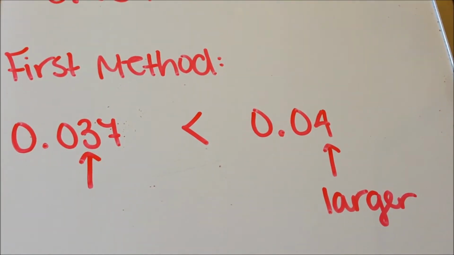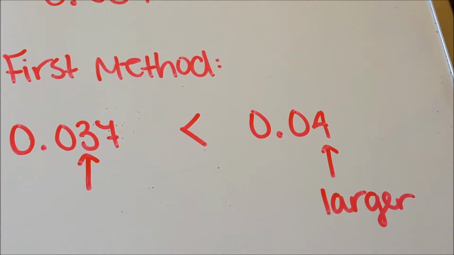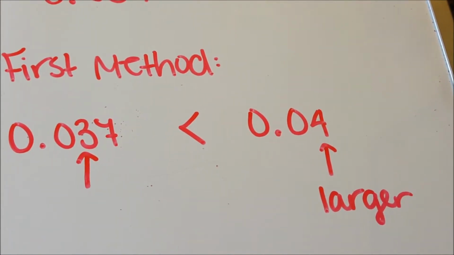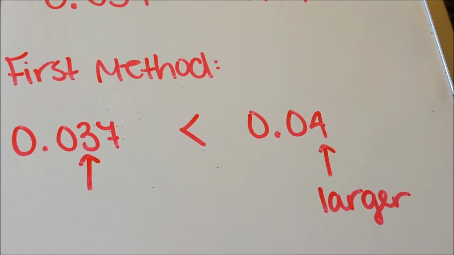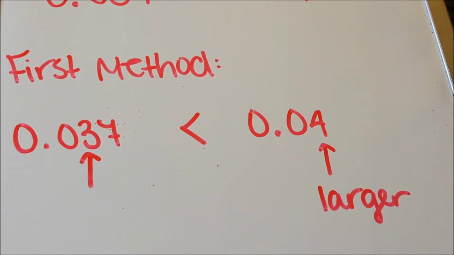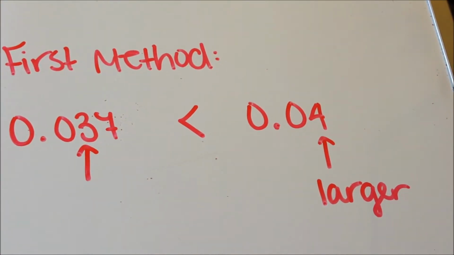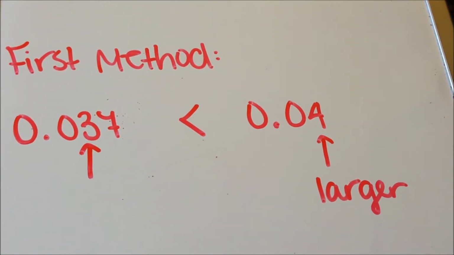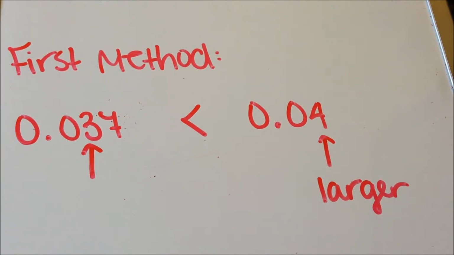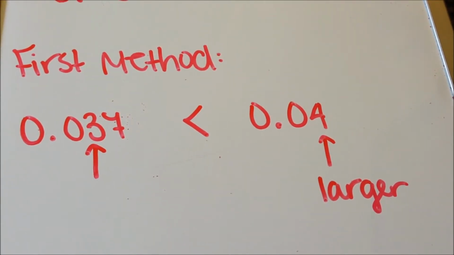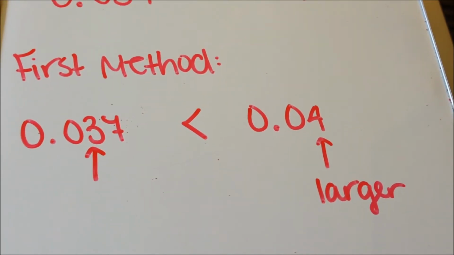If we look at the ones position, they are both zeros. If you look at the tenths position, they are still both zeros. But if you look at the hundredths position, on the left-hand side we have the 3, and on the right-hand side we have the 4. Because 4 is larger, 0.04 is a larger number than 0.037.